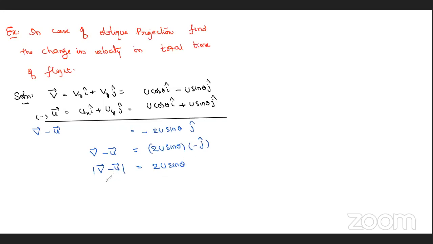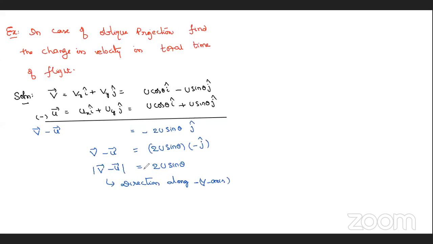And if they ask direction, you can say that it is along minus j cap, means along negative y axis. Is it correct? Both magnitude and direction. Yes, correct. Good. This is the change in velocity, Nana.